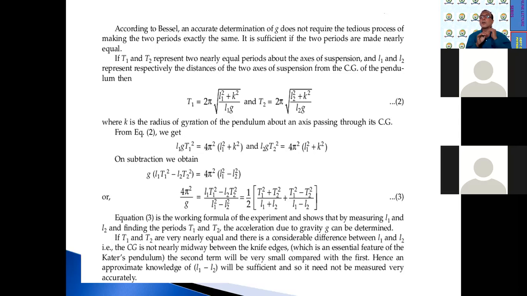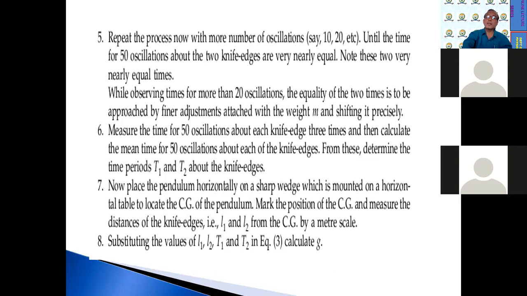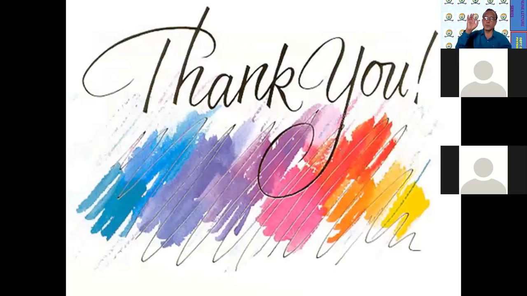By using the Kater's pendulum we can determine the value of g more correctly, not 100% correct but more correct than the simple pendulum. Have you got this one? The same experiment I have repeated to you.